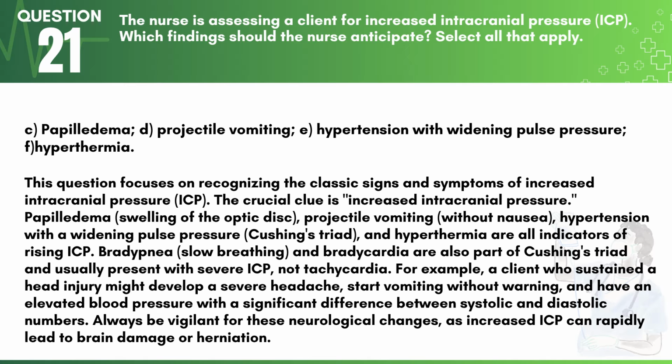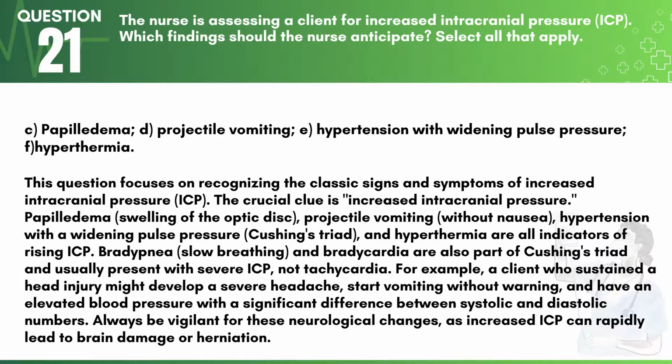This question focuses on recognizing the classic signs and symptoms of increased intracranial pressure, ICP. The crucial clue is increased intracranial pressure. Papilledema, swelling of the optic disc, projectile vomiting without nausea, hypertension with a widening pulse pressure, Cushing's triad, and hyperthermia are all indicators of rising ICP.